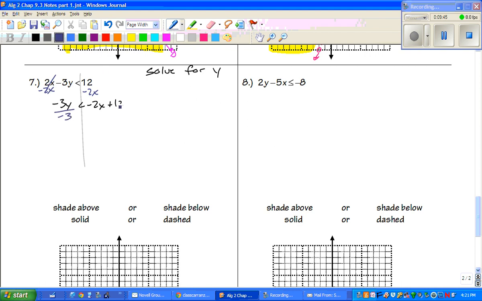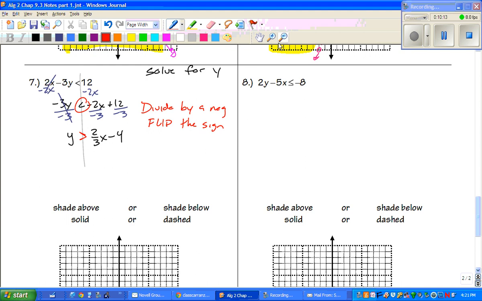You have to divide by negative 3, so we get 2 over 3x minus 4. And why did I not write my inequality symbol yet? Because you have to flip it. Remember, when you divide by a negative, you flip the sign.